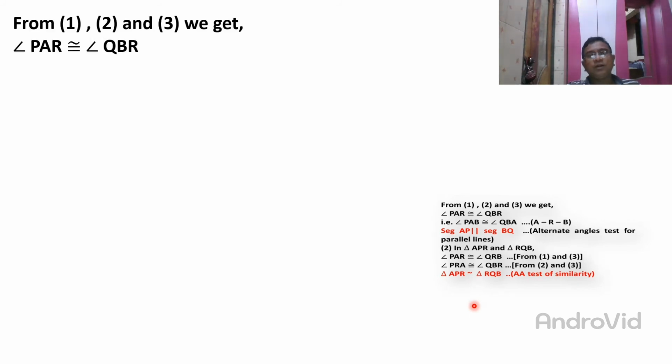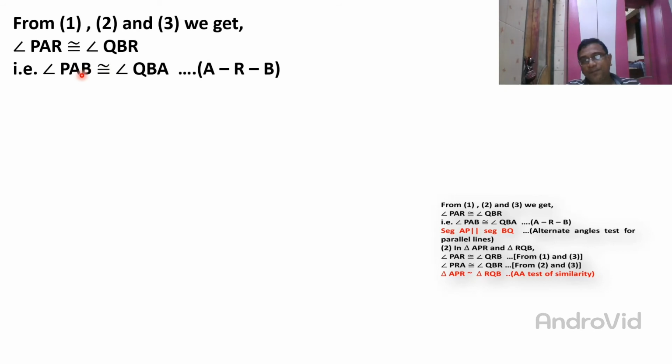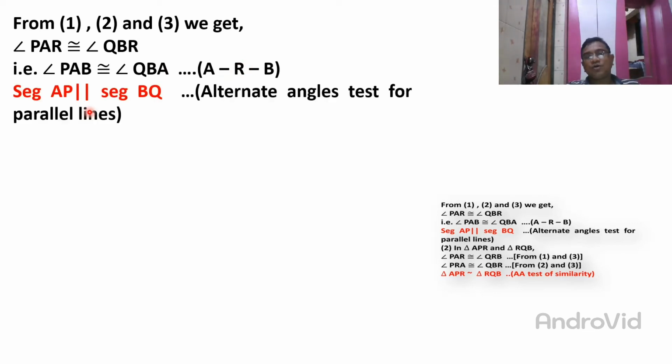Here, angle PAB is congruent to angle QBA, with A-R-B collinear, so these two angles are congruent. So segment AP is parallel to segment BQ, by the alternate angle test of parallel lines.